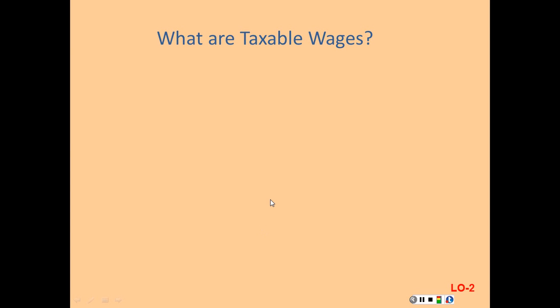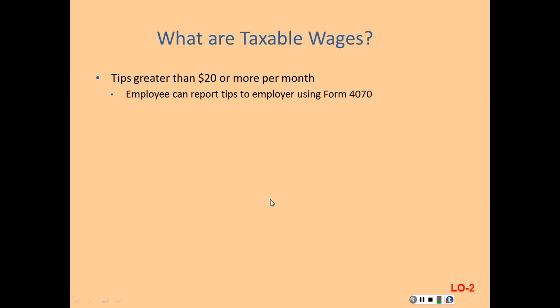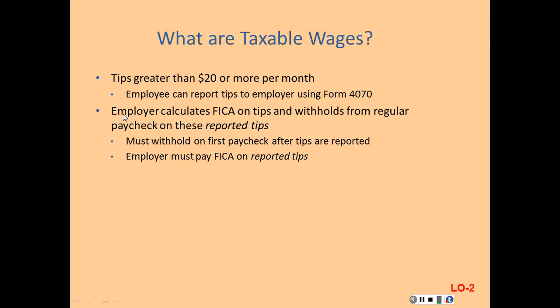Okay, so this slide is going to talk about what's taxable, and the issue is tips. We need to talk about that a little bit. Tips greater than $20 a month are taxable. The employee reports those tips using that particular form. The employer calculates FICA on tips and withholds from the regular paycheck on the reported tips.